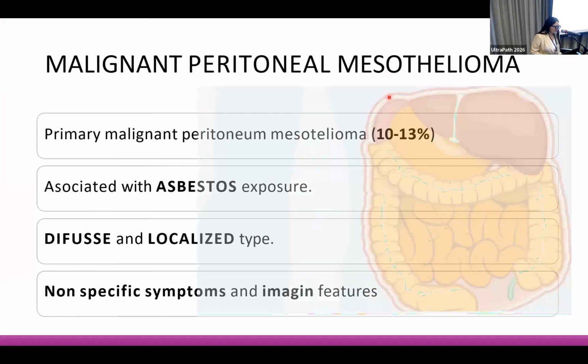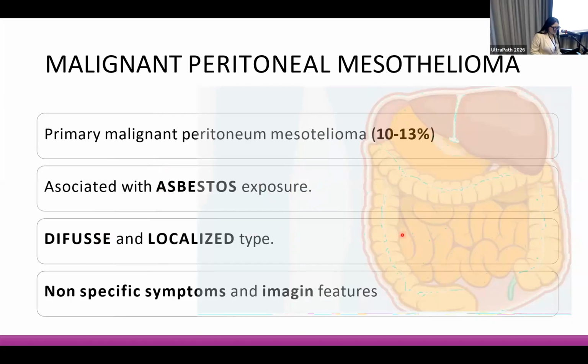This entity is very rare, actually representing about 10% of all mesotheliomas. It is still associated with asbestos exposure. And clinically, we have two types, the diffuse and the localized.